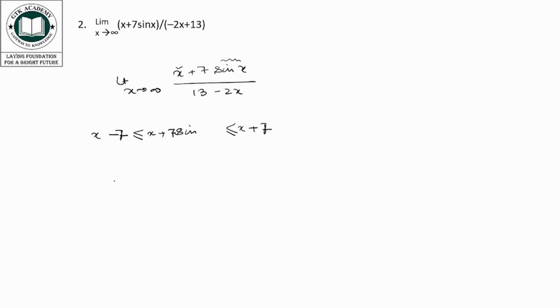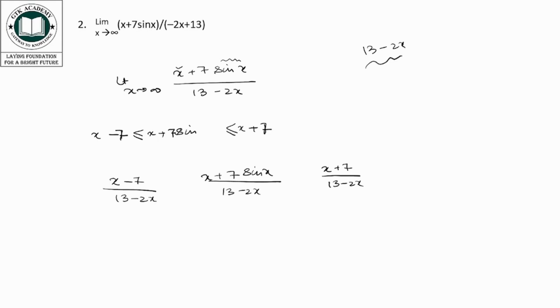Now we have to divide by 13 minus 2x. So what we'll do, just divide: x minus 7 upon 13 minus 2x, x plus 7 sine x upon 13 minus 2x, x plus 7 upon 13 minus 2x. Now what about this 13 minus 2x? Because we are dividing by 13 minus 2x, we have to be sure what its sign is.